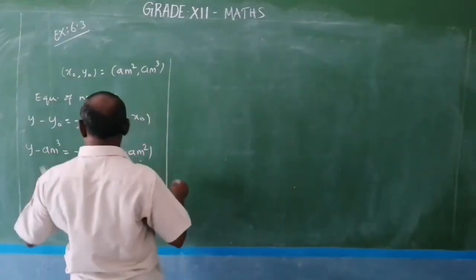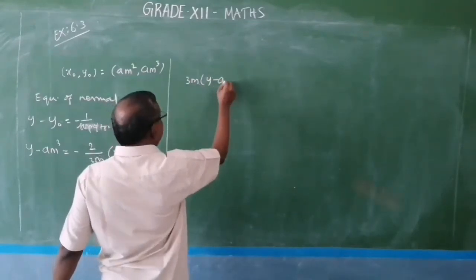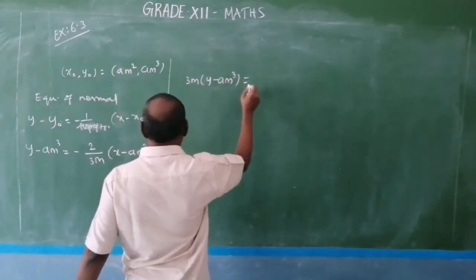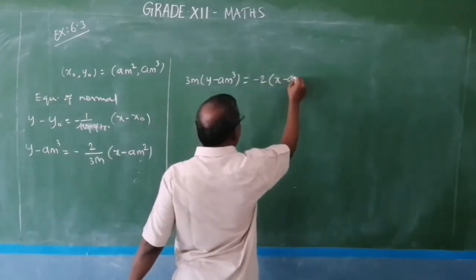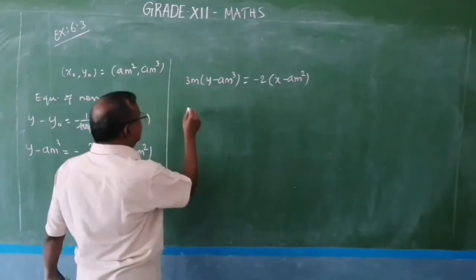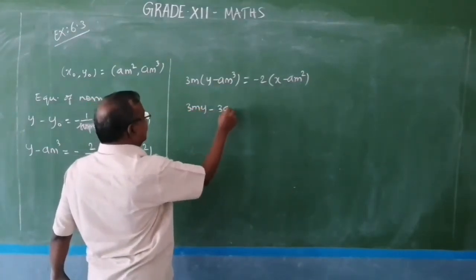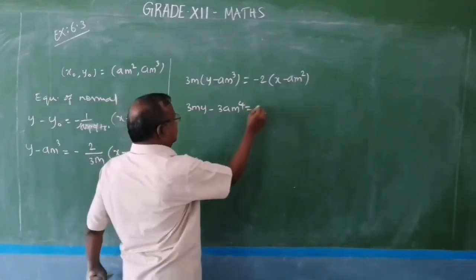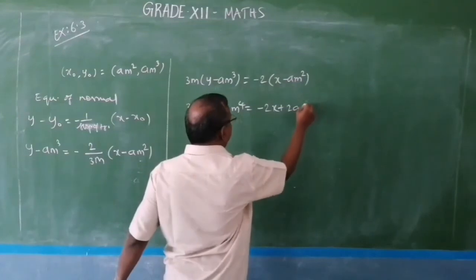Now bring the 3m here. So 3m into y minus am^3 equal to minus 2 into x minus am^2, that is 3my minus 3am^4 equal to minus 2x plus 2am^2.